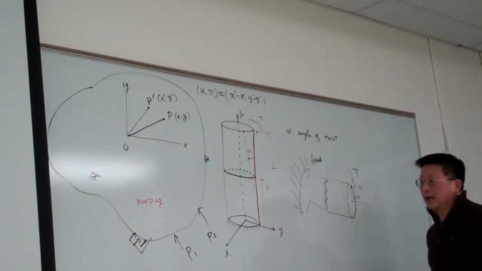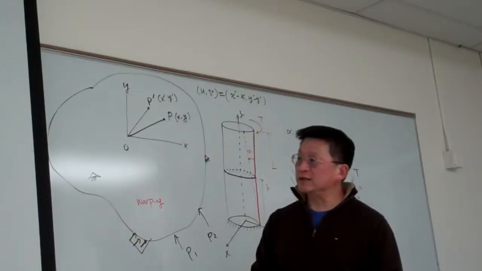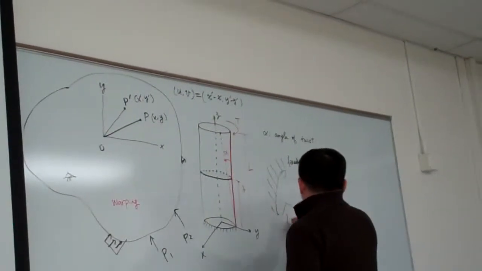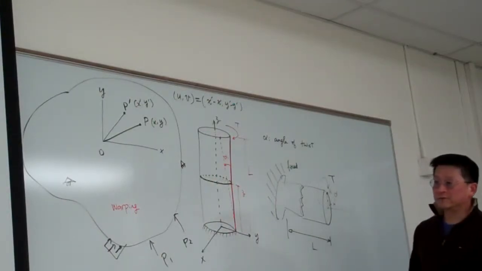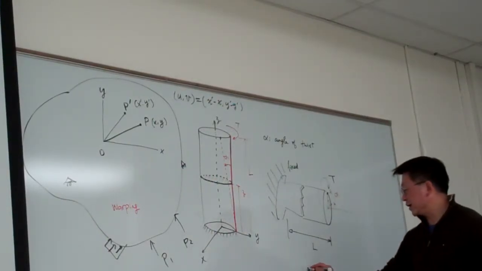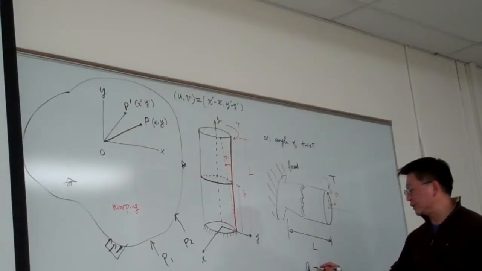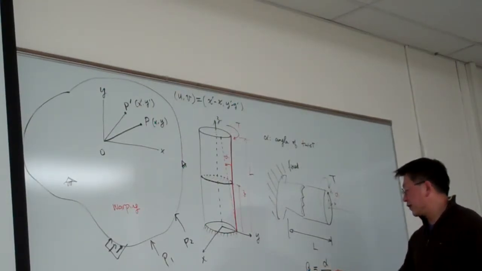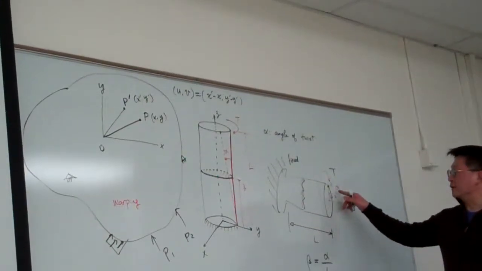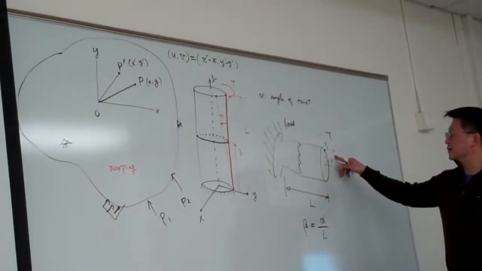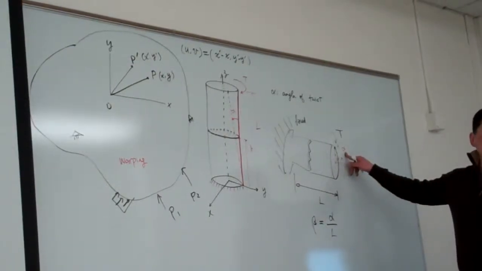And assuming this length is called L, the rate of twist, beta, in our lecture notes is simply alpha divided by L. That is the angle of twist per unit length.